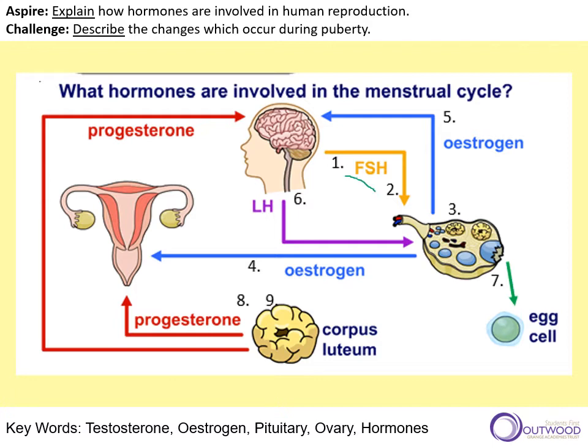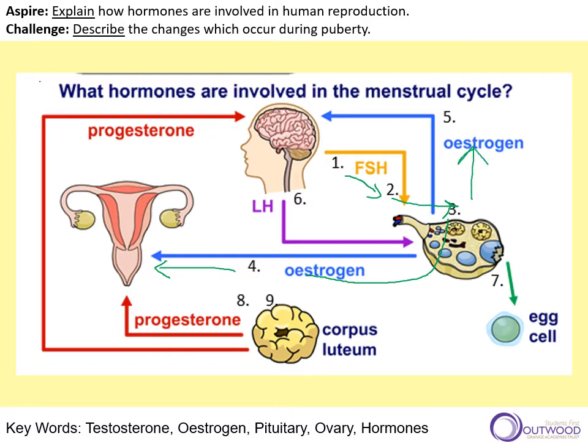Let's just make sure that we can follow the numbers. So here we go 1 to 2, and then we go 2 to 3, and there's a process here. We then go from 3 to 4 when there's estrogen over here, and then from 4 we have also 5. So 4's there and 5 is there.